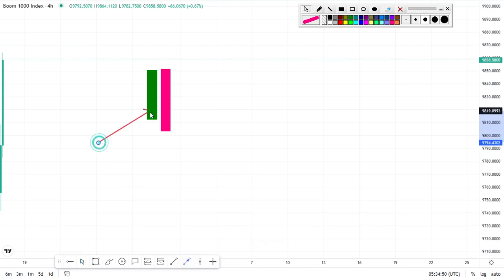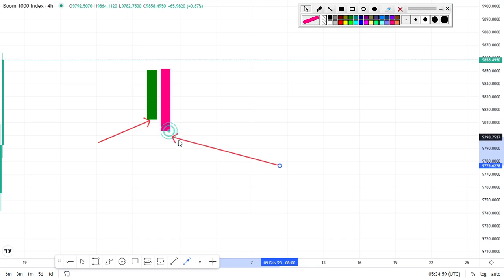Sorry, this is the opening of this candle and this is the closing of this one. So the bearish candle actually closes below the opening of the bullish candle.